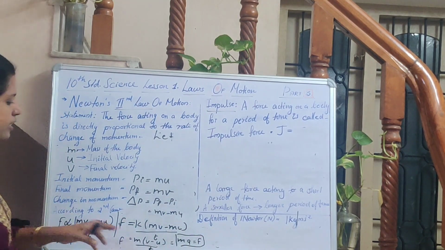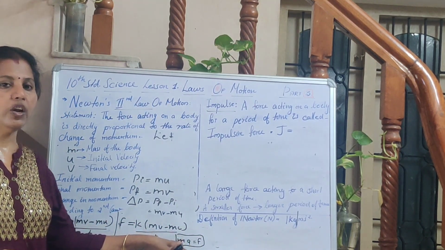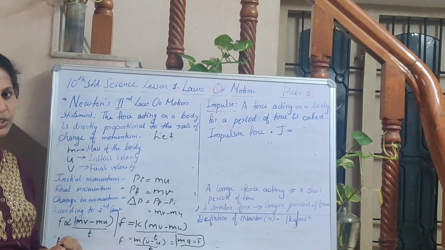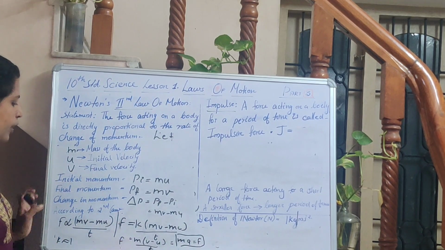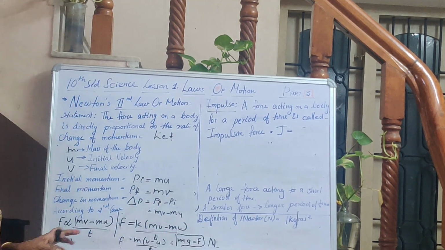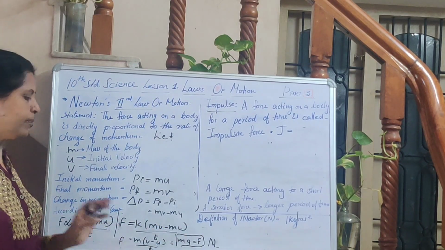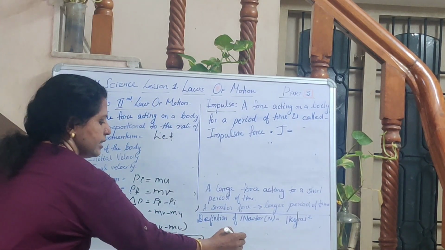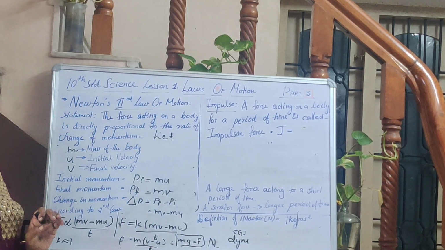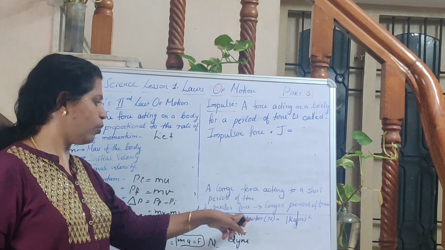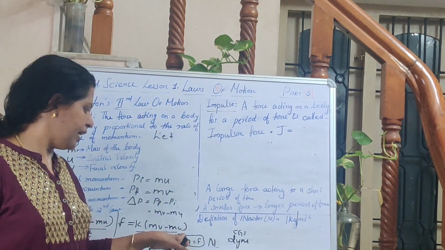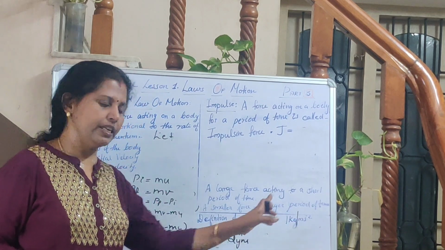This is otherwise called the law of force. The force is equal to mass into acceleration. The unit of this is Newton in SI unit, and in the CGS system it is dyne.